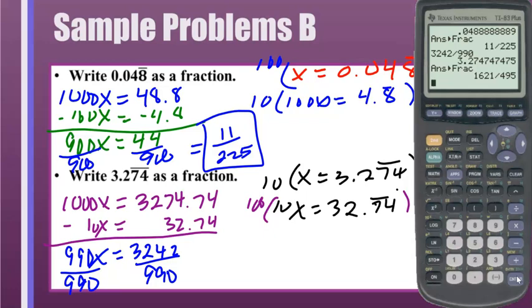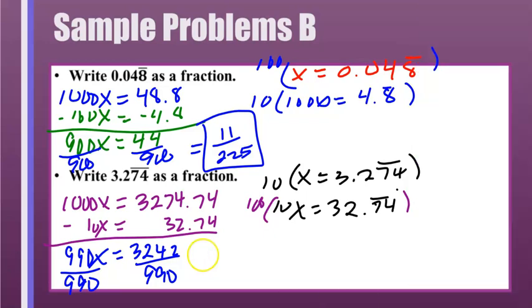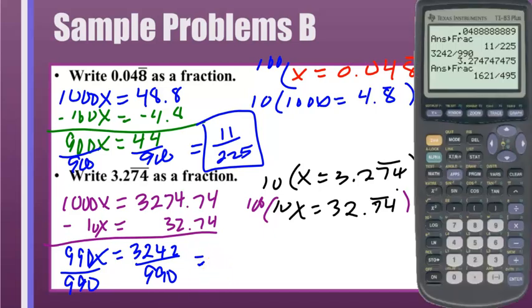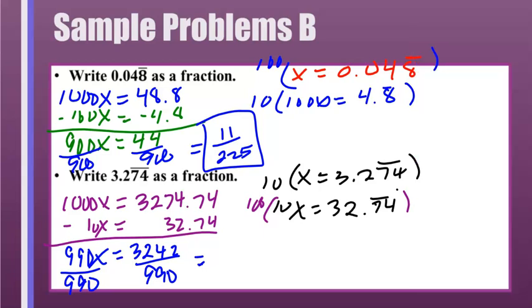And we would get an improper fraction here. So in reduced form, since this is an improper fraction, this would give us 1,621 all over 495.